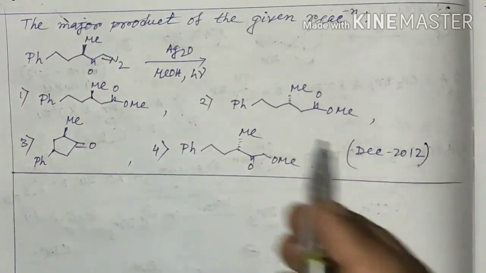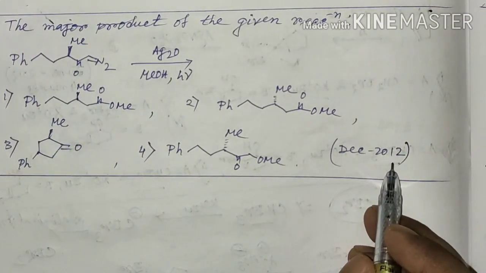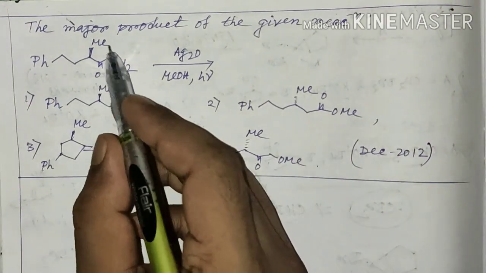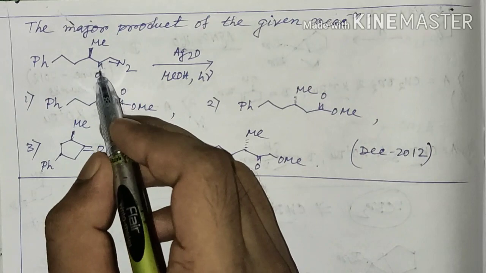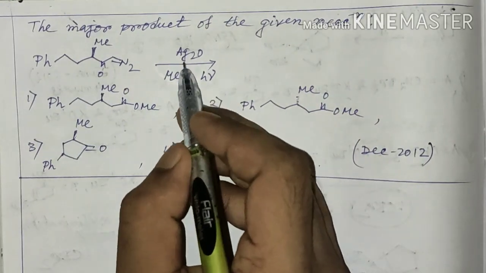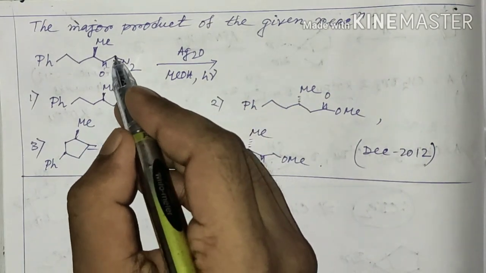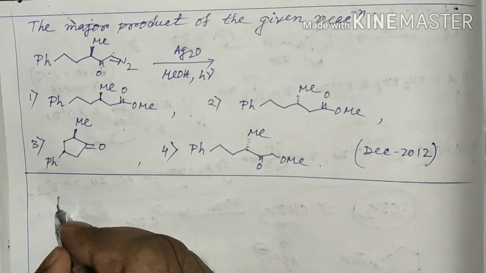This question came in December 2012 for the CSIR NET exam, and we have to identify the major product for this reaction. Here this is a diazocarbonyl compound, and in presence of silver oxide it will liberate nitrogen and will form the corresponding carbene.